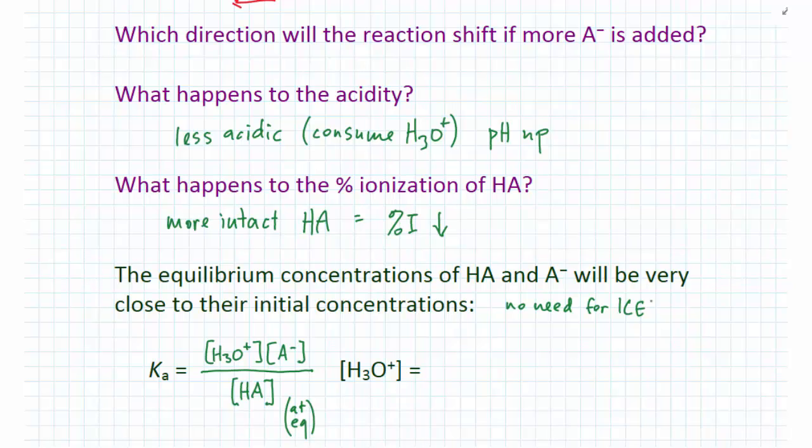If we're just assuming original equilibrium. If I solve this for hydronium, it is Ka times HA over A minus.